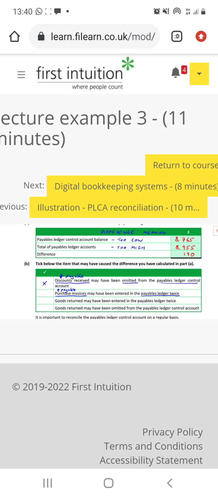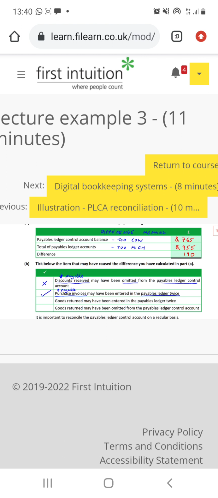So that's the sort of thing that would make the total of all the individual ledger accounts too high. Does that fit what we've got? Yes, it does, because at the moment that 8955 is bigger. So if we had put some invoices in there twice, then yes, the list of balances in that 8955 could easily be too high by 190 quid.